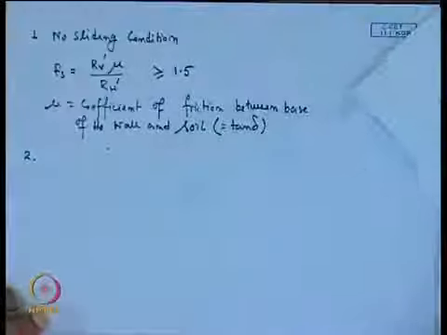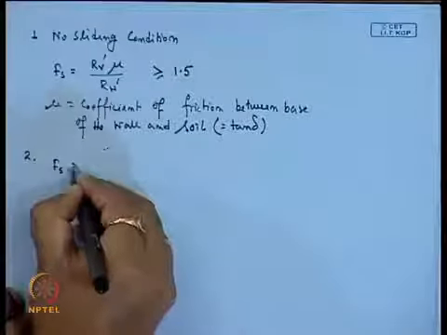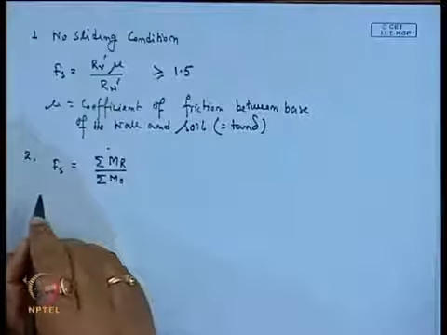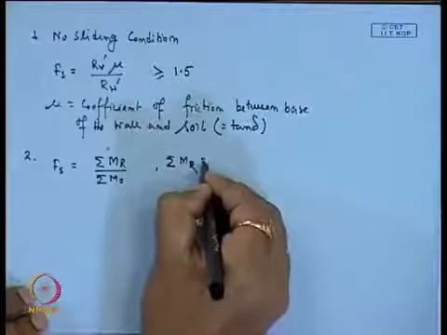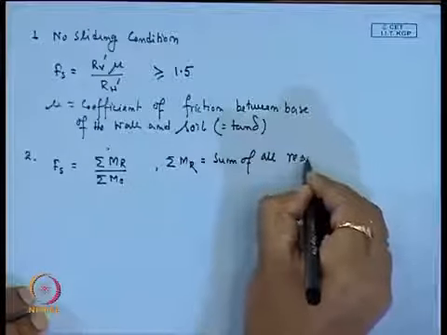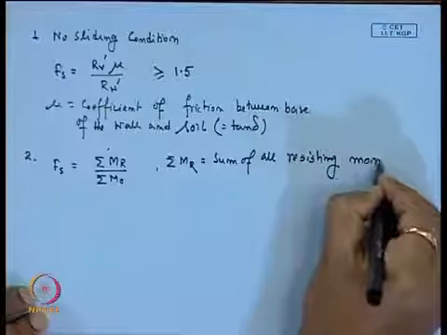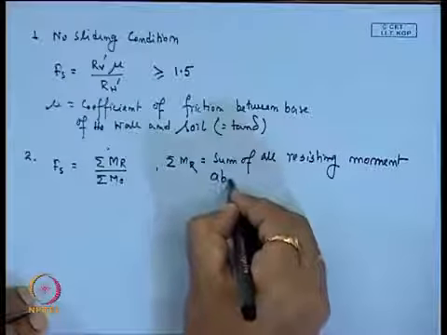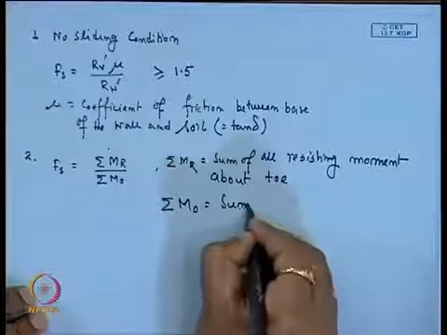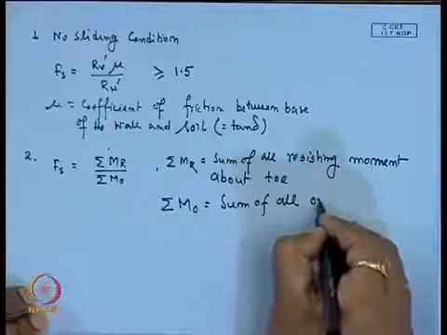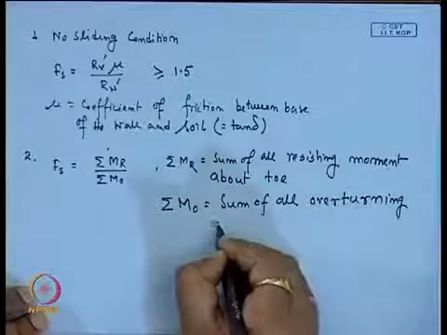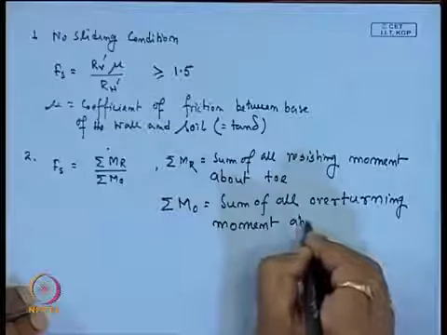So, if we consider the factor of safety for no overturning condition, that is the summation of M_r divided by the summation of M_o, where the summation of M_r is the sum of all resisting moments about the toe, and the summation of M_o is the sum of all overturning moments about the toe.